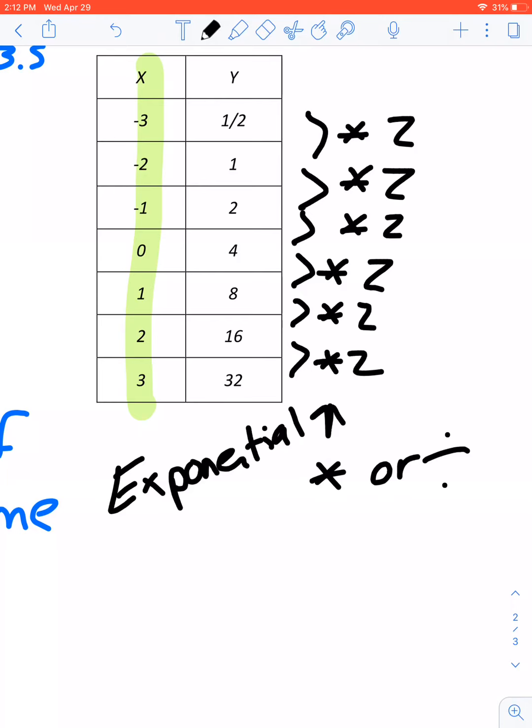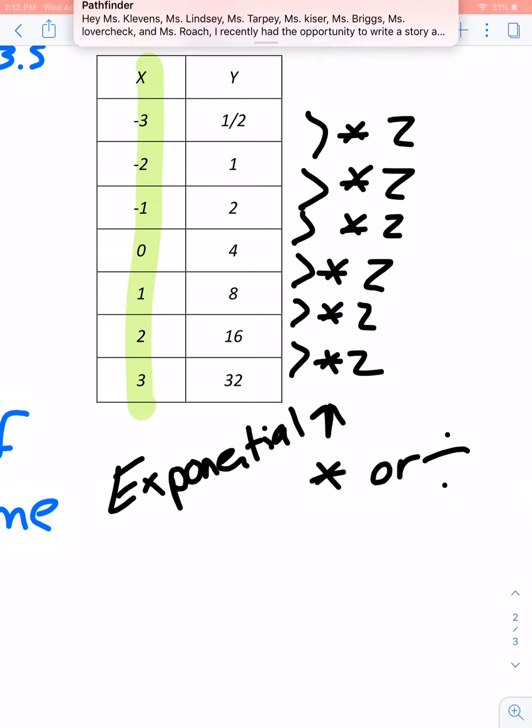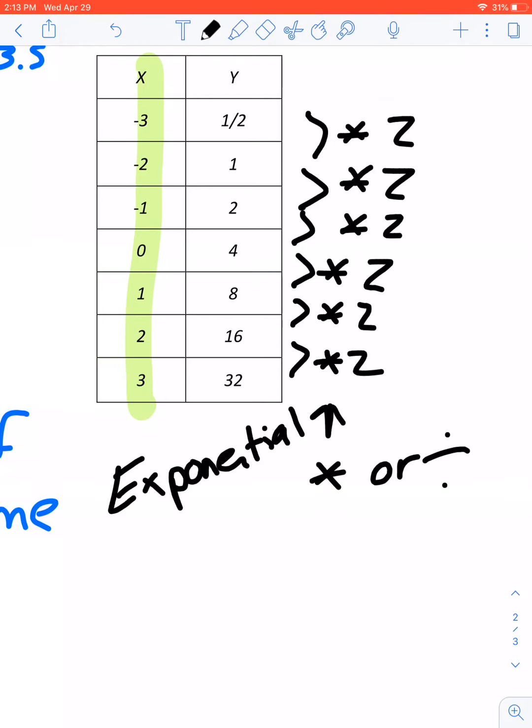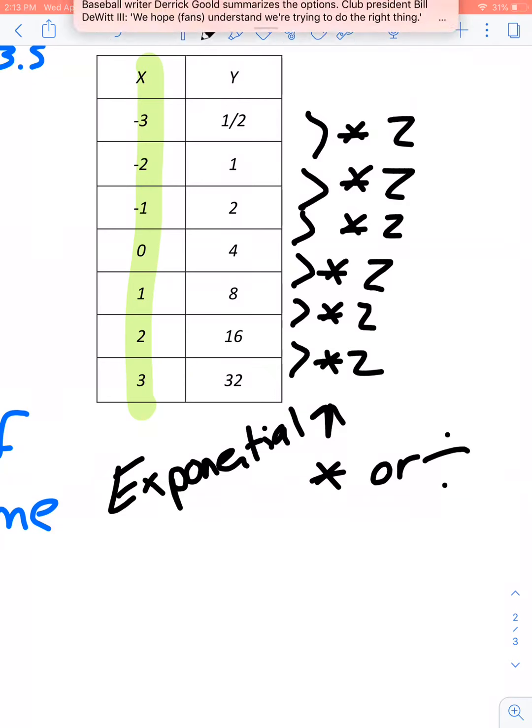Could I multiply the y values by something or divide the y values by something and get the same number? If I can, then it's exponential. If I look at it and I can't find anything in common, there are numerous other functions that we don't talk about in Algebra 1. It could be one of those, so just put other. Have confidence that you know what you're doing.